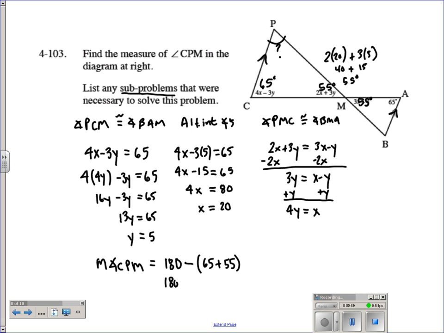So 180 minus 120 gives us 60 degrees. Our measure of angle CPM equals 60 degrees. Well, hallelujah, we just solved our problem.